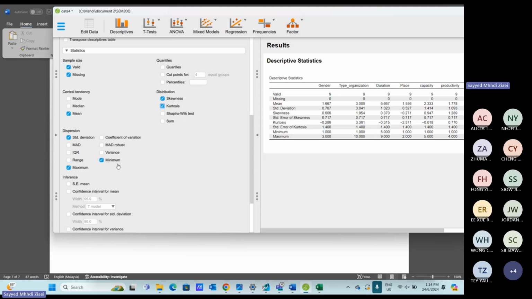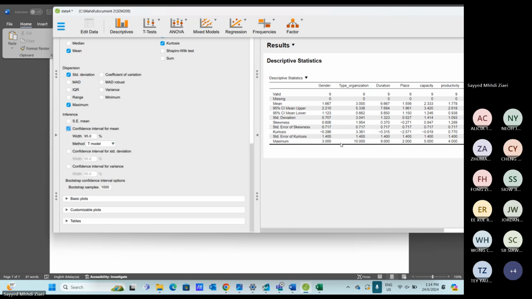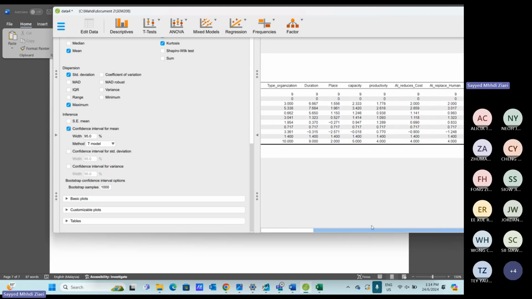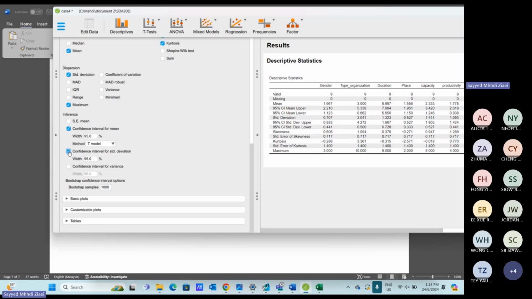Or if I don't want, for example, minimum, the minimum is not here anymore. Or if I want to define the confidence interval, I have a new column here for confidence interval. Or confidence interval for standard deviations, or for variance.